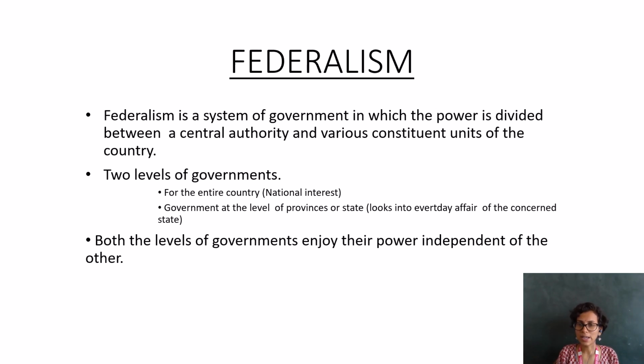So here what is happening is that the whole power to rule the country is not with one single person, or with one single party, or with one form of government. The power is getting shared between different levels of government: central, state, local. In case of Belgium, we are calling it community government.